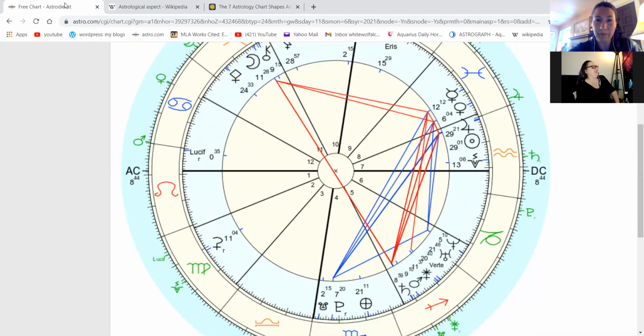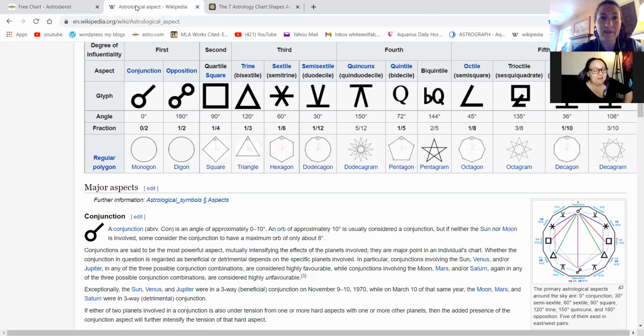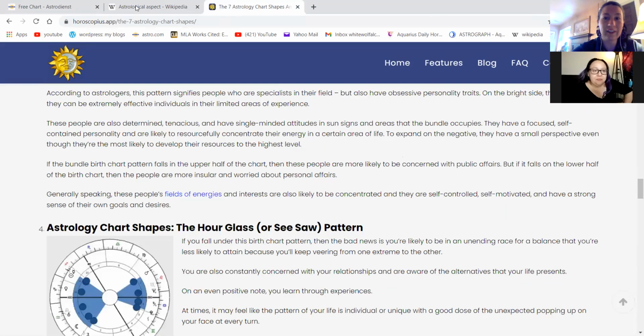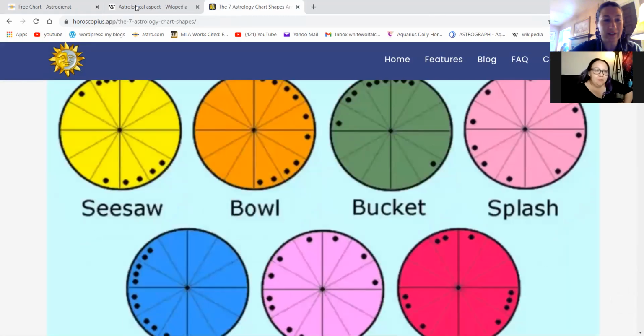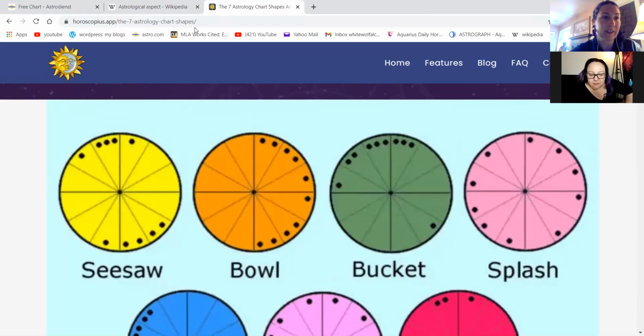Yeah, you look like a seesaw. Let's see, what do you think? Because look, you have the seesaw, but you also have, let me see.